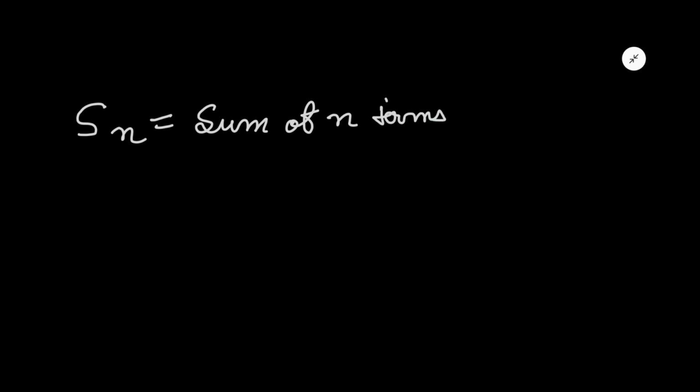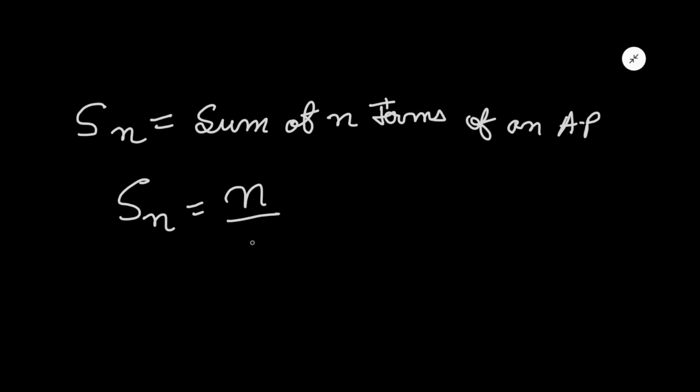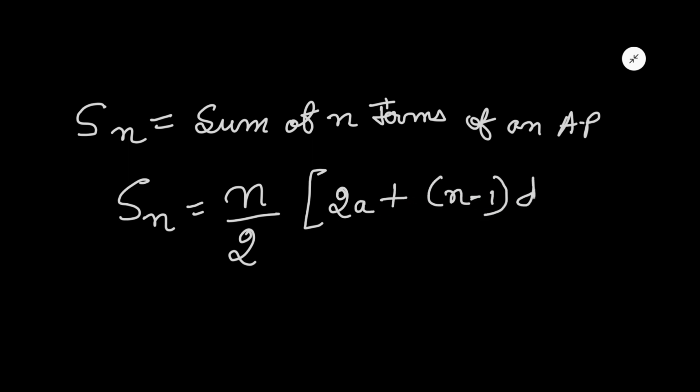So there is a formula to calculate the sum of n terms of an AP, which is designated as Sn. The sum of n terms of an AP is Sn is equal to n by 2 into 2a plus n minus 1 d.